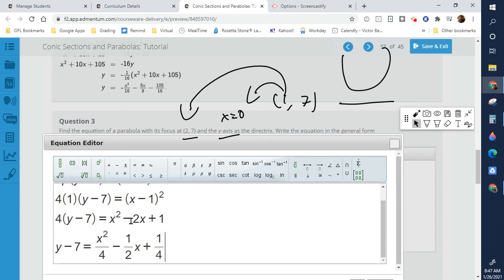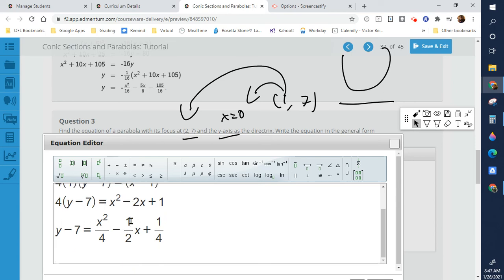1/4. Now I have to get rid of that minus 7, which means we would have to add 7, but since it's a fourth, we're going to multiply 7 by 4. So 28 over 4 is the same thing as positive 7. That's pretty much the exact same thing, which gives me the idea to copy this.